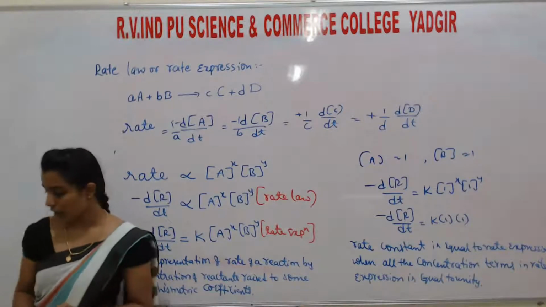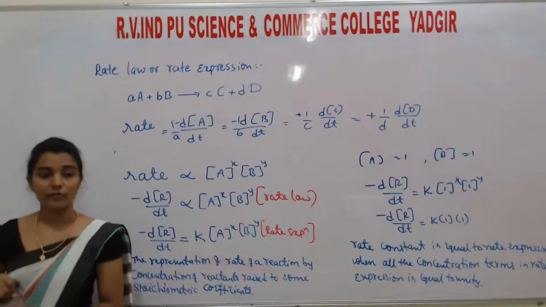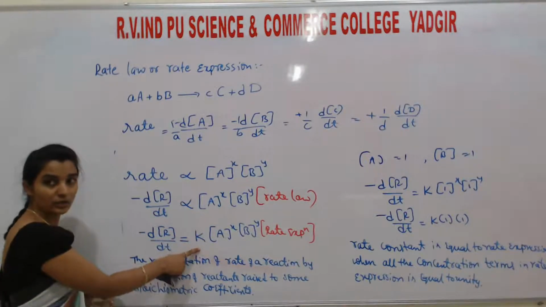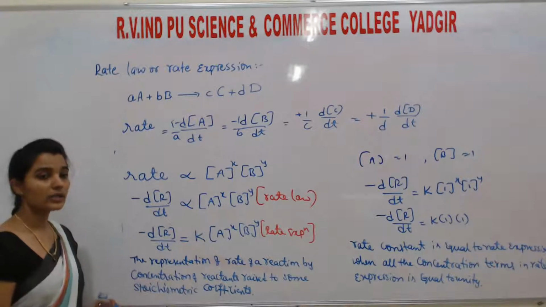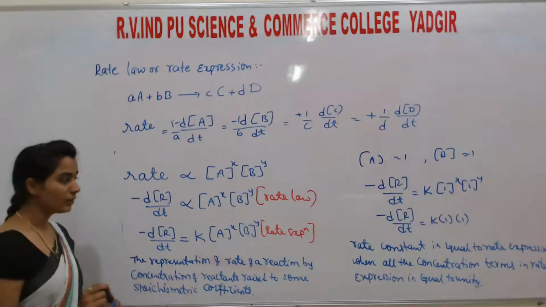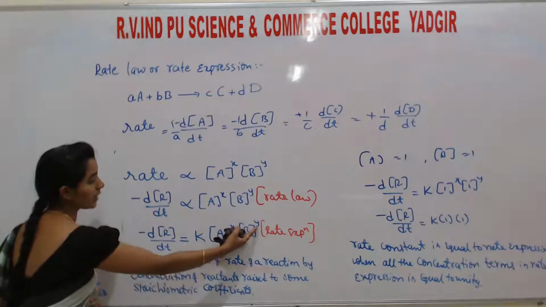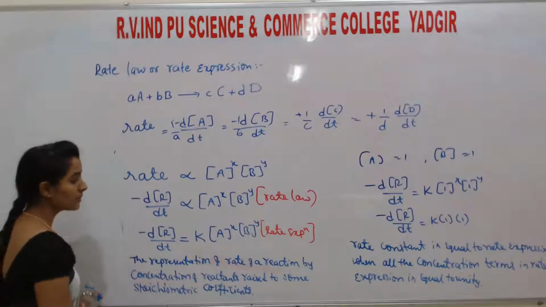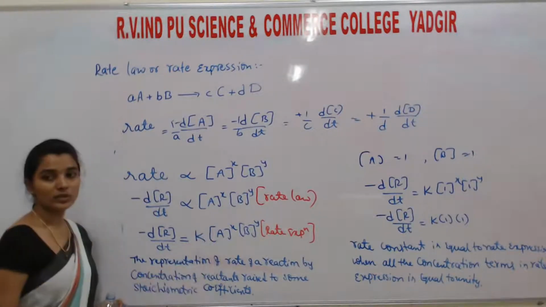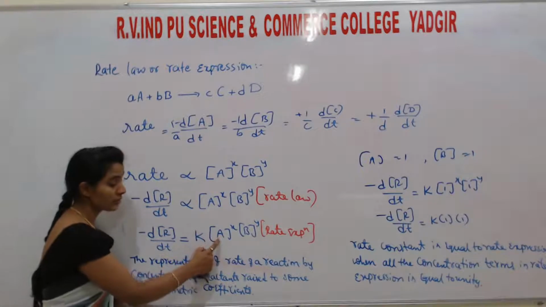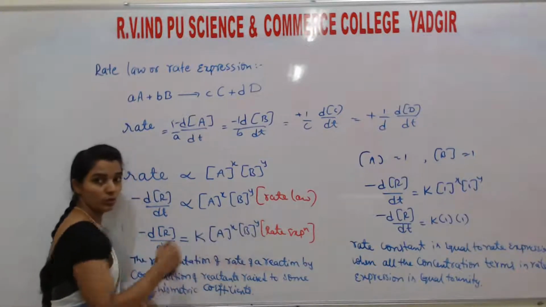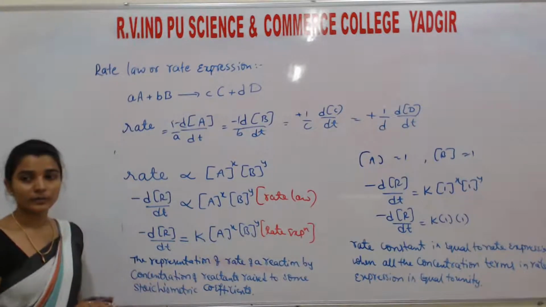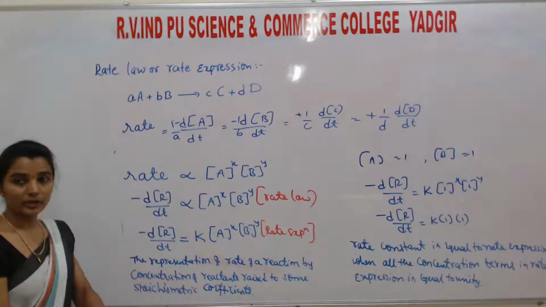Understood? Okay. So the next one is order of a reaction. So students remember, it is the rate expression. Correct? What is the order of a reaction? Means it is the sum of the concentration terms raised in a rate equation. Means here the concentration term raised to x, here the b raised to y. So sum of those raised terms, that is x plus y is equal to what? Order. Understand?